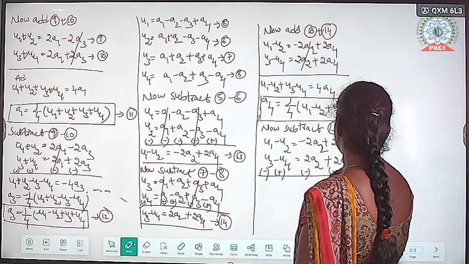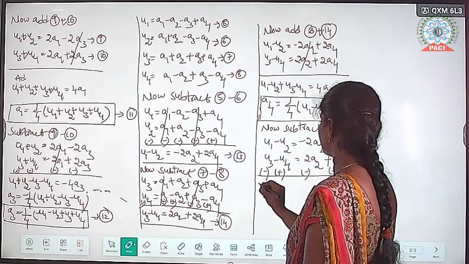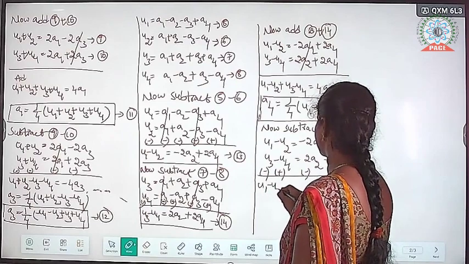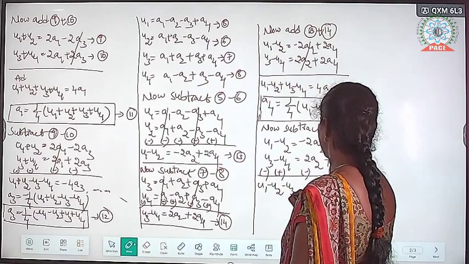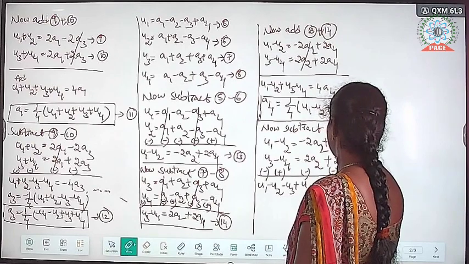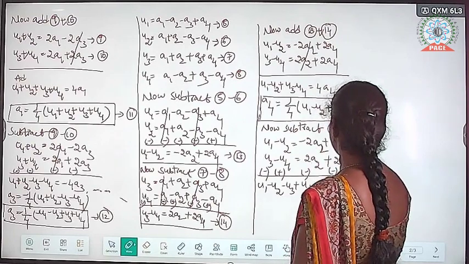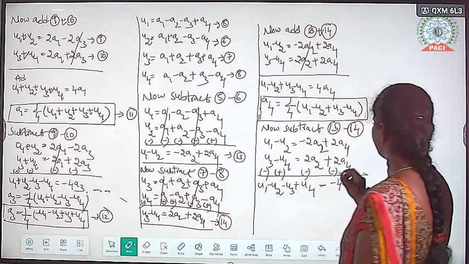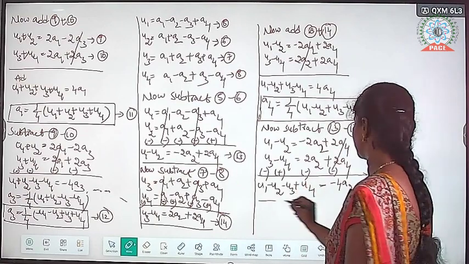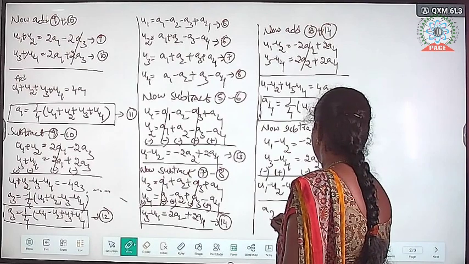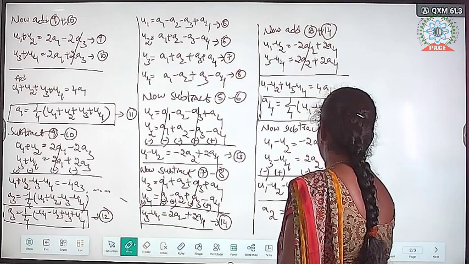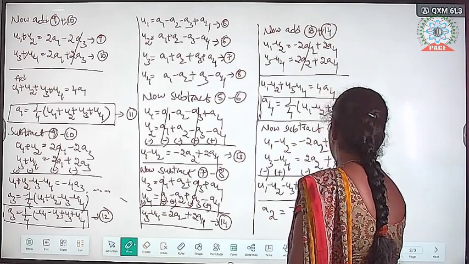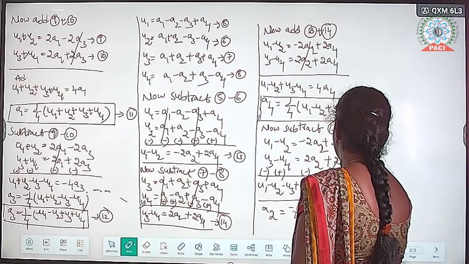So subtracting these equations, u1 minus u2 minus u3 plus u4 is equal to minus 2a2 minus 2a2, minus 4a2. So plus 2a4 minus 2a4 cancel. So from this a2 is equal to minus 1 by 4 into u1 minus u2 minus u3 plus u4.